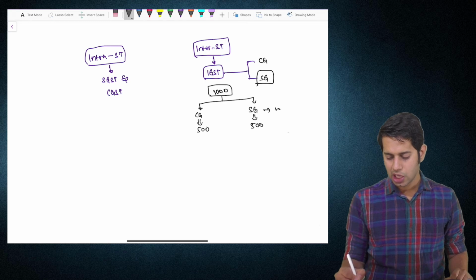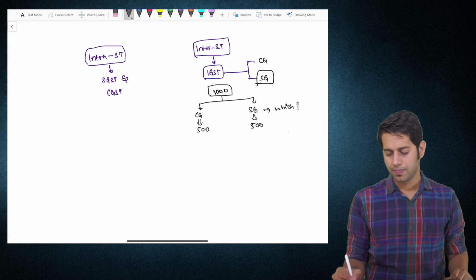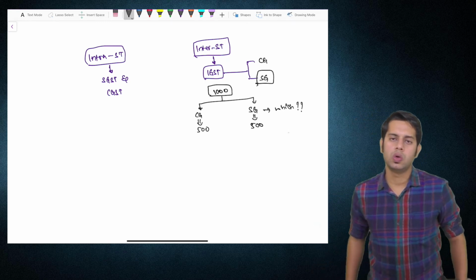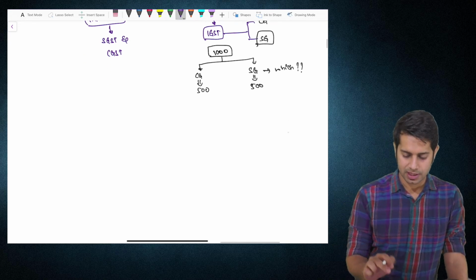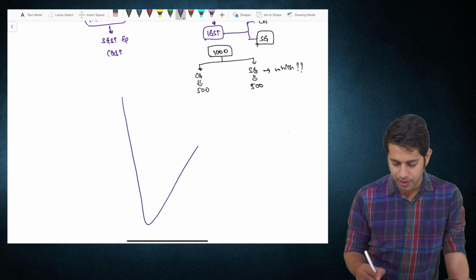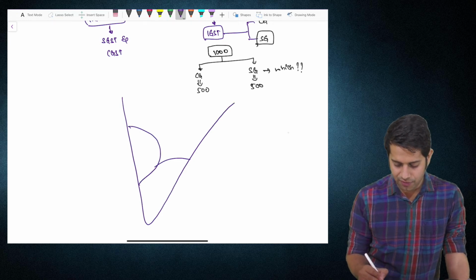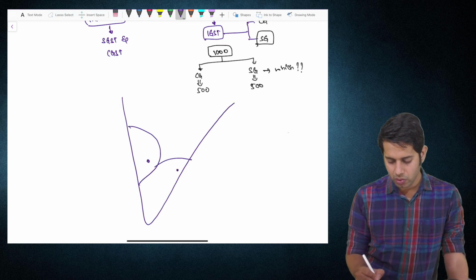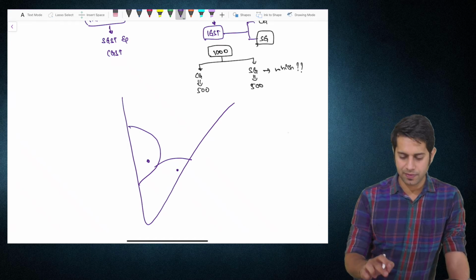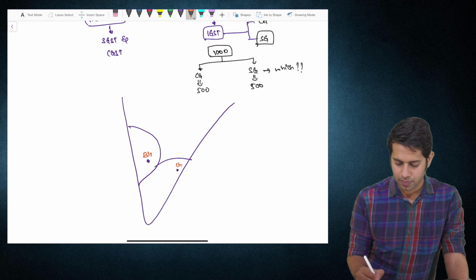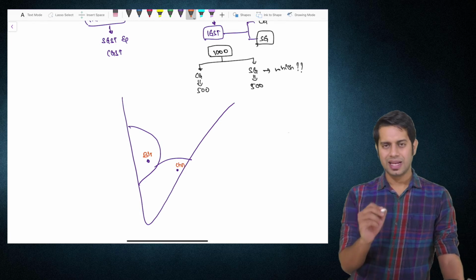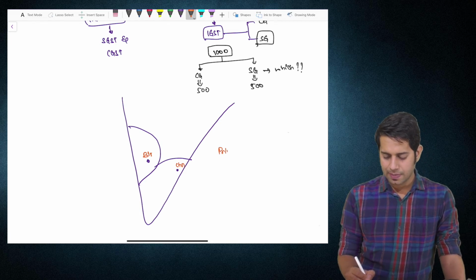The question is, which state is going to take this other 500 rupees? For example, there is a supply which is made from Bangalore to Chennai. There is a company called Priya Sarees in Bangalore.